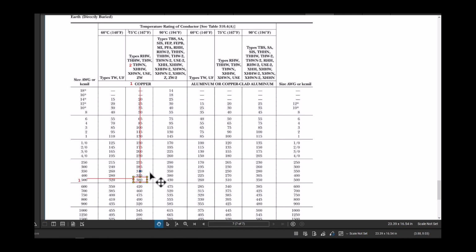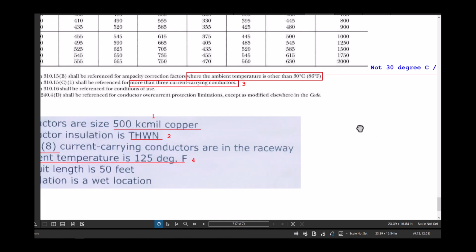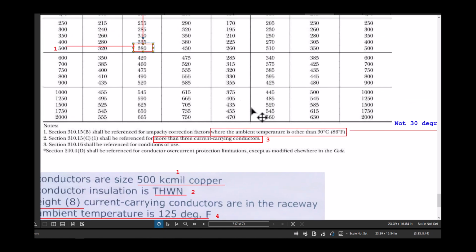If we had 3 conductors at this temperature, which is 30 degrees Celsius, 86 Fahrenheit, this is the answer. But because the number of conductors was 8 and it was 125 degrees Fahrenheit, we should use those 2 factors to multiply by this.